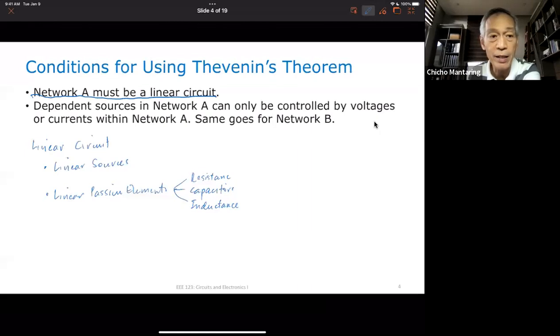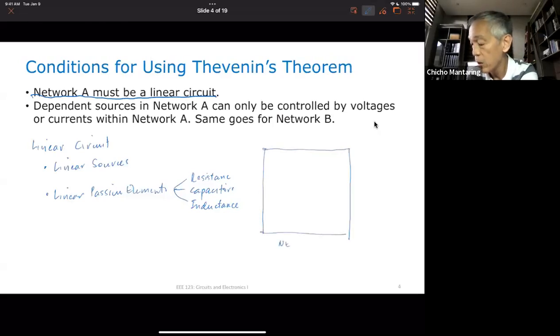Okay, what is the second criterion? The dependent sources in network A can only be controlled by voltages or currents within network A. So if this is network A, let's say I have a dependent source here.